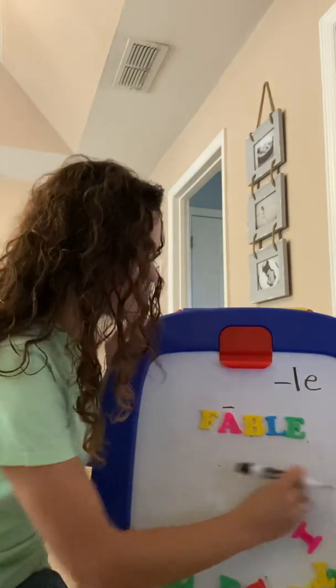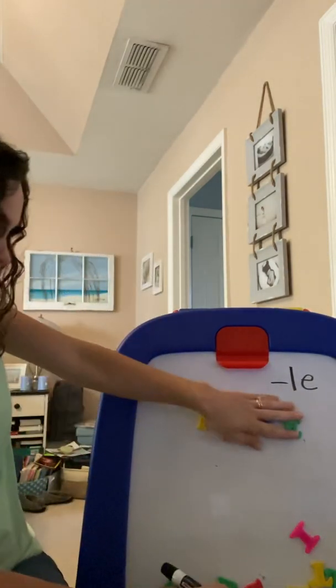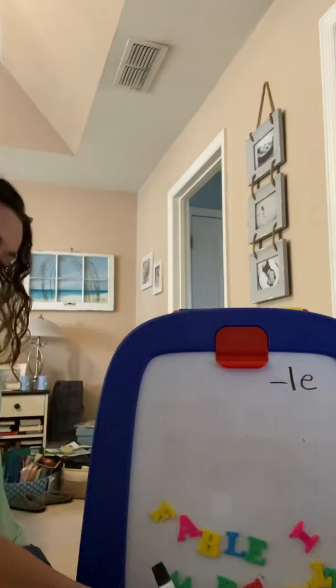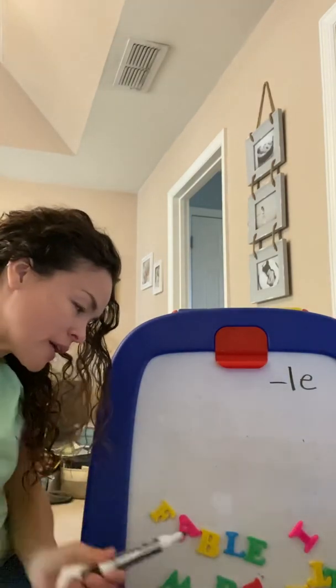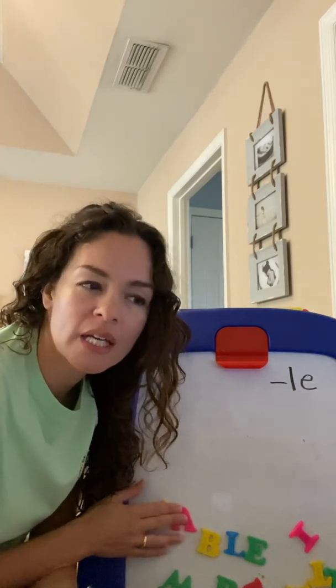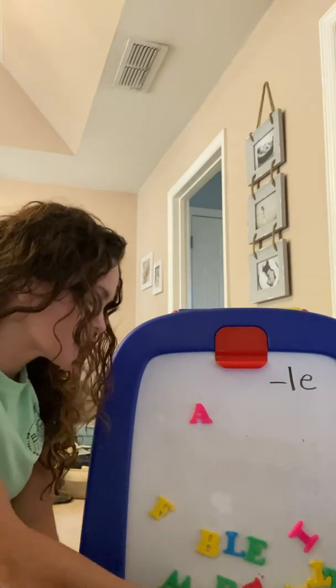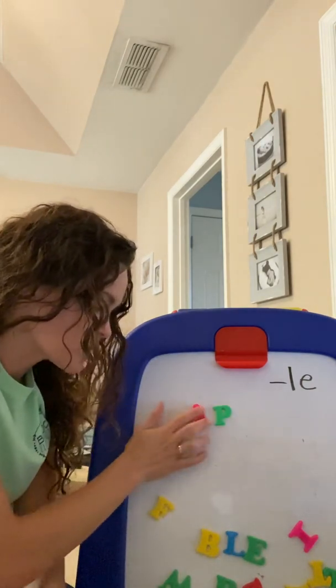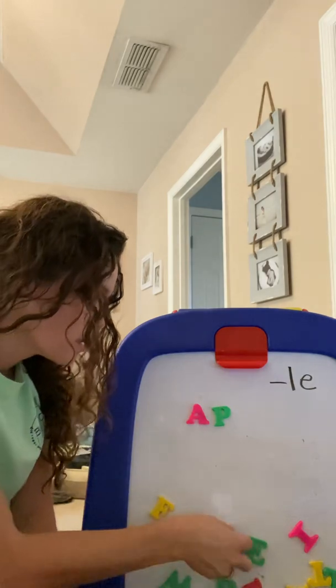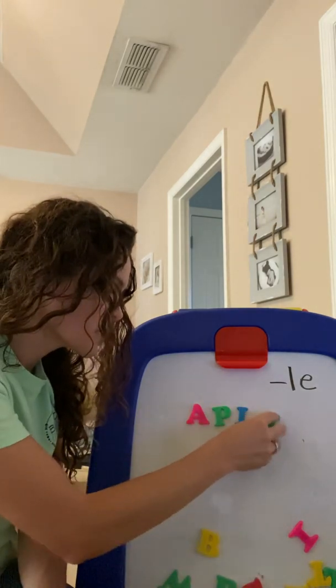All right, let's try another word. And I know you have this word in your schema, probably. But if I try the word apple, I hear the consonant L-E. I'm going to sound it out, I'm tapping out my sounds, app. Oh, consonant L-E.